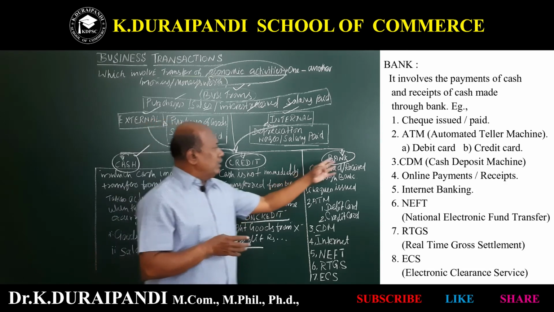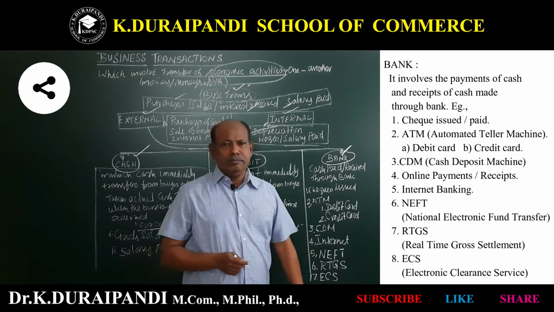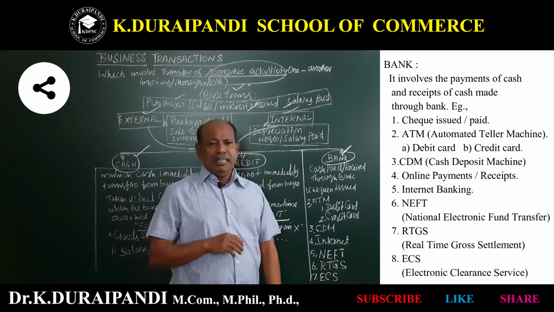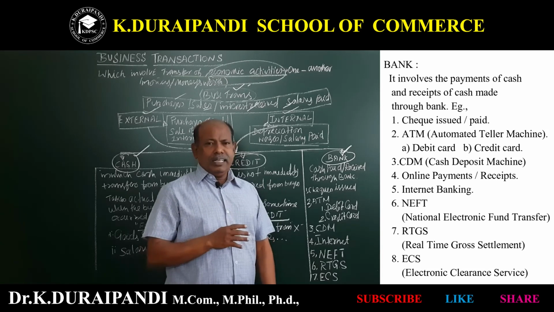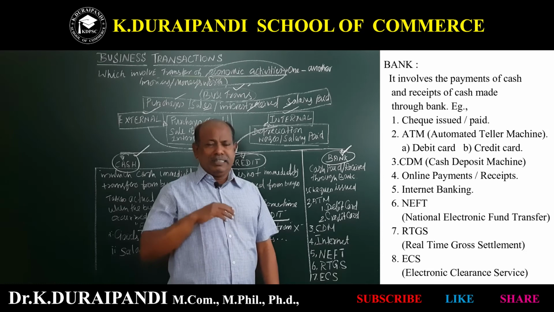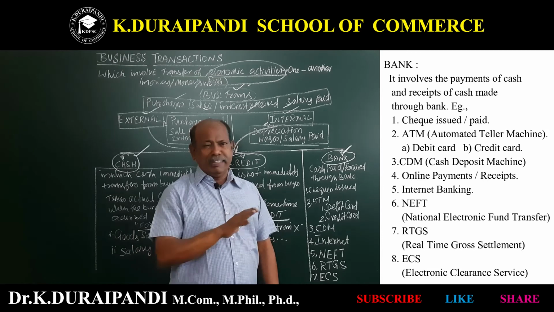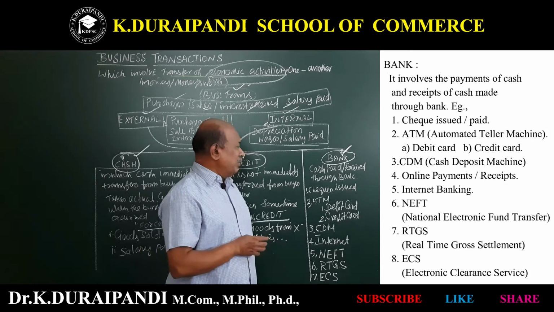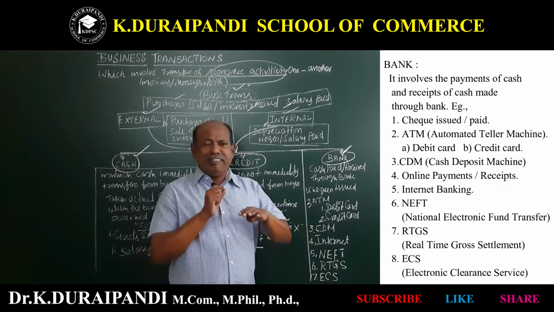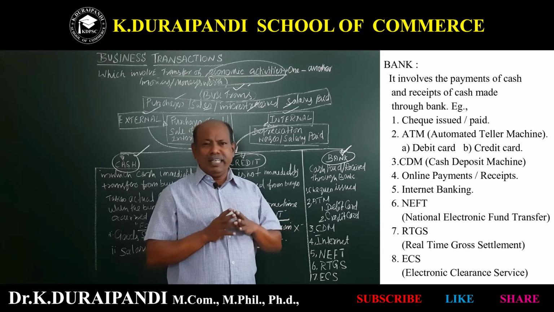Then, what are bank transactions? Bank means accepting cash and lending cash. Any transaction, that is, cash receipt as well as cash payment through the bank, is called a banking transaction. For example, in any business transaction, the words check issued or check received indicate a bank transaction.